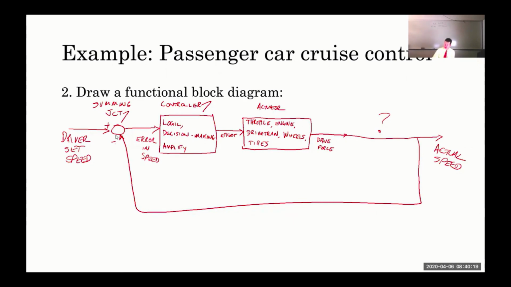If I want to add two signals, they better have the same units. Right? I can add miles an hour with miles an hour. I can't add miles an hour with volts. So that's kind of the clue here, is that if the speed signal is miles per hour and the force signal is measured in pounds or newtons or whatever, we have to find a system, a block, that changes force to speed.